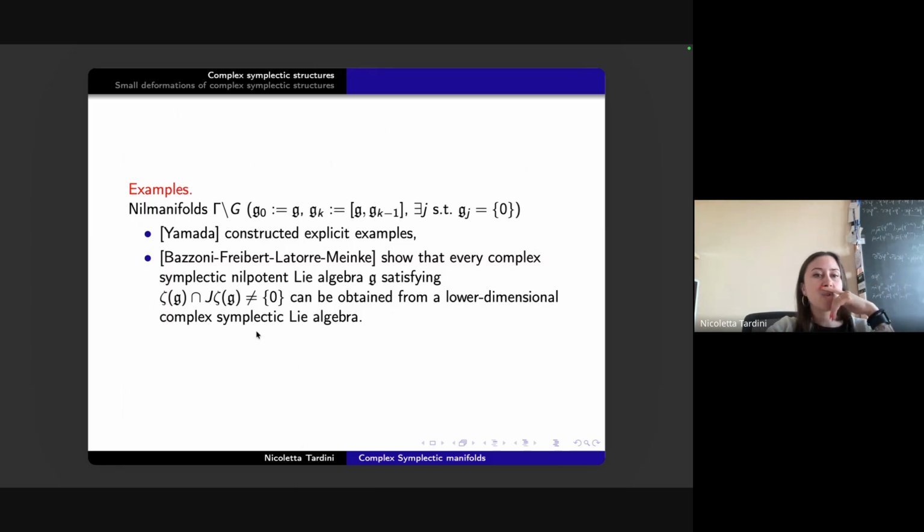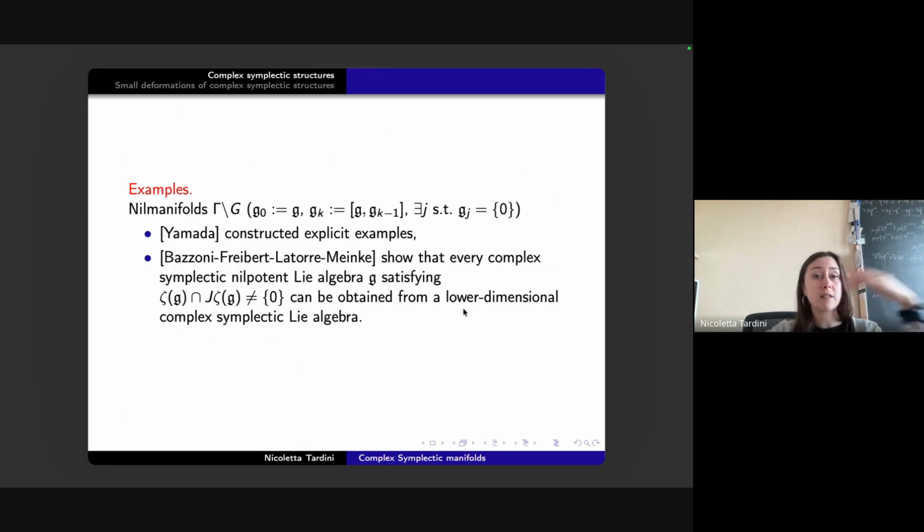And they showed that if there is a condition on the center of the Lie algebra, then these examples can always be obtained from lower dimensional examples. So in fact, this allows them to construct many examples in any dimension.